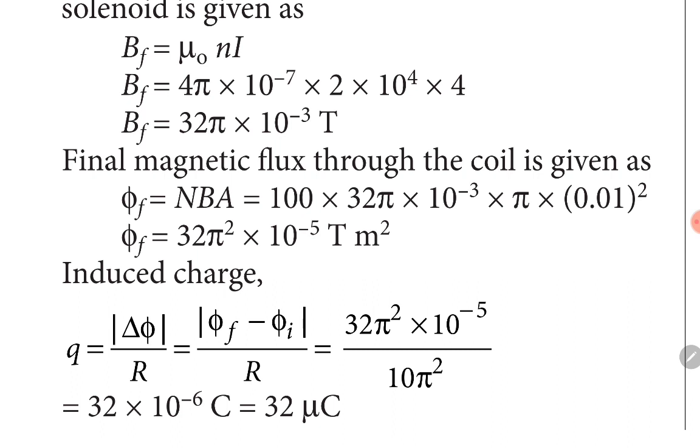Guys, once we substitute these values and also the value of resistance R, which is 10 pi square, we'll obtain the value of charge flowing through the coil as 32 into 10 raised to minus 6 coulombs, which can also be written as 32 microcoulombs. So guys, with this we have completed this question. Let's move ahead to the next slide.